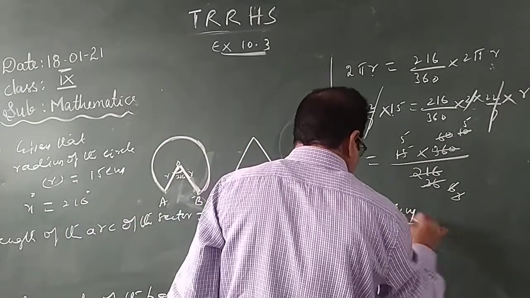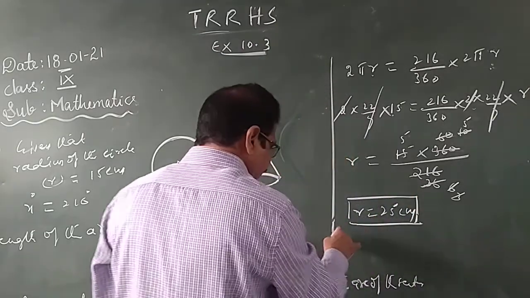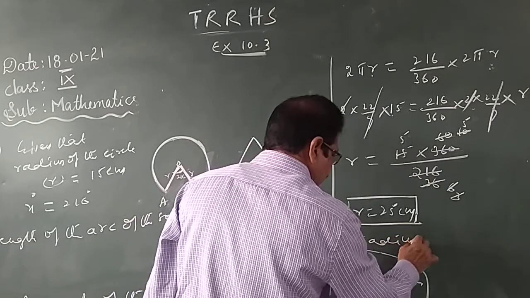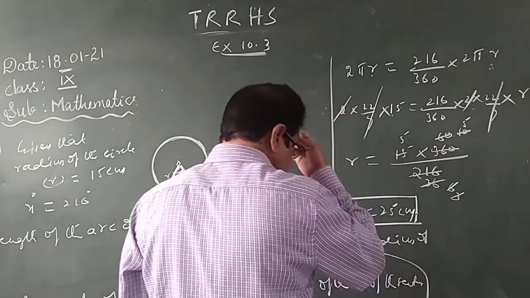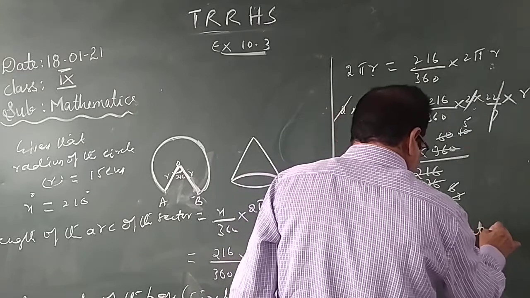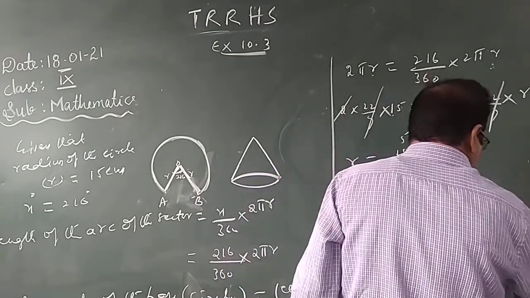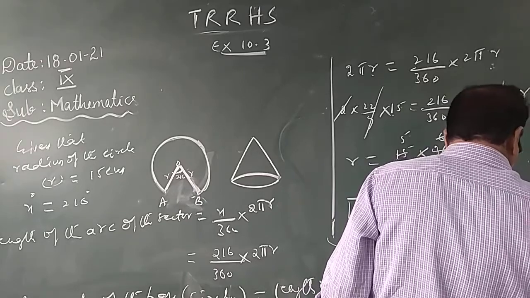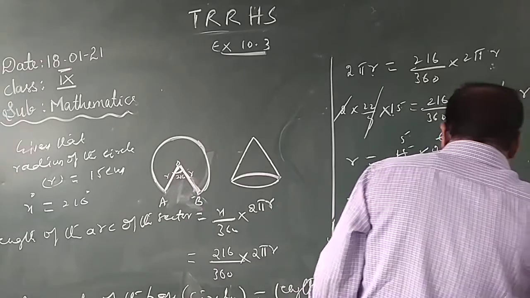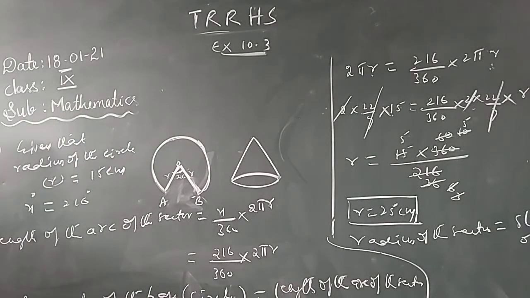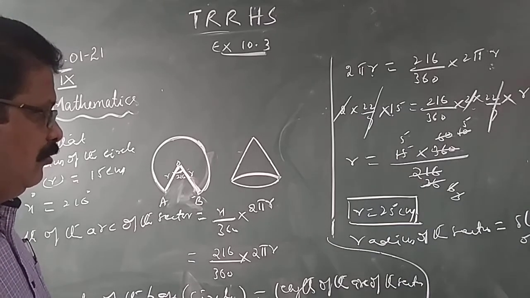This is the radius of the sector. The radius of the sector is equal to the slant height of the cone.